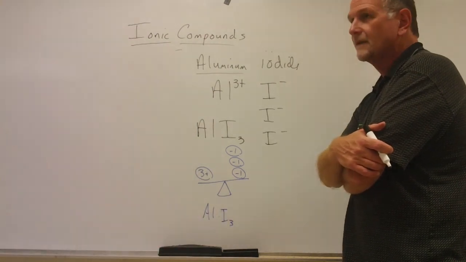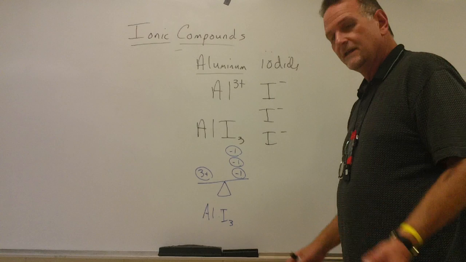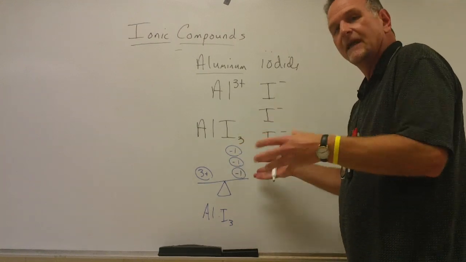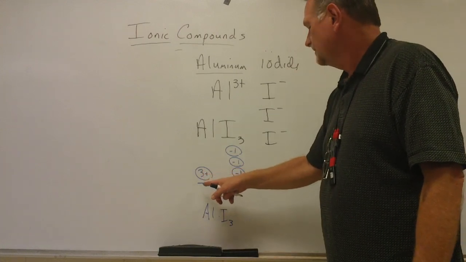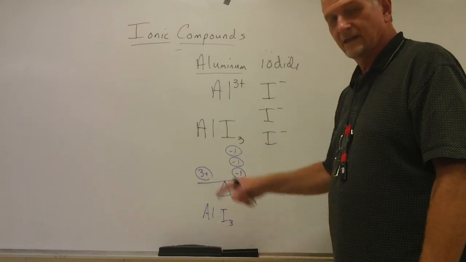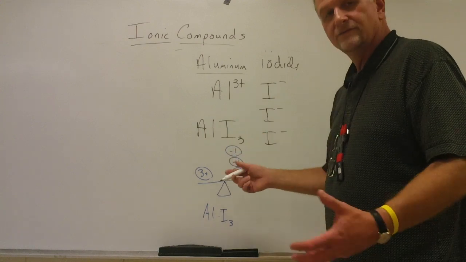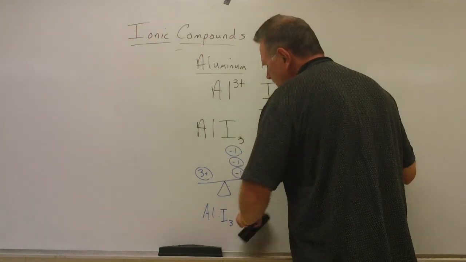Let's make sure that you guys can see that. In order to balance that out, as Mr. Walsh was saying, you can almost look at it in terms of masses on a scale. It's a very similar kind of concept. In order for this to be balanced out, because this has a mass that's 3 times the size of this mass, we obviously need 3 of those in order to scale that out or balance it out. But instead, it's a matter of charge in this case. But it works very similarly.